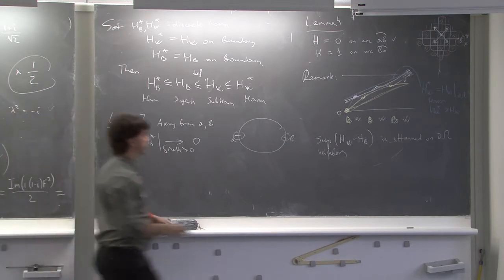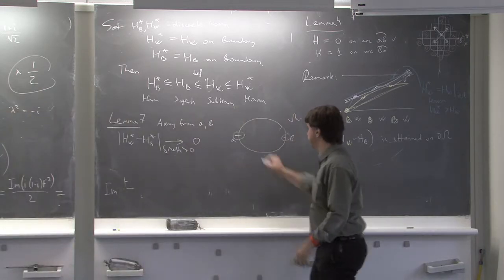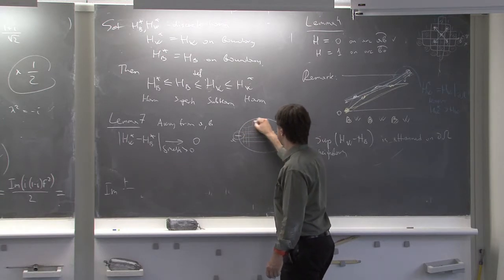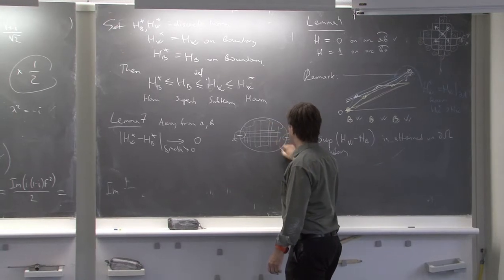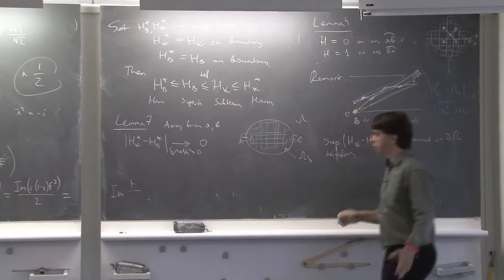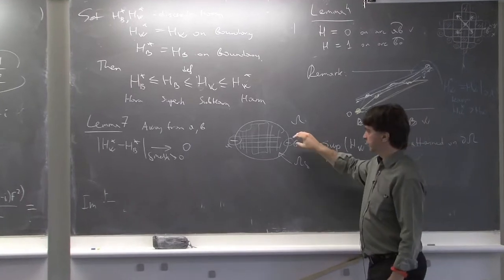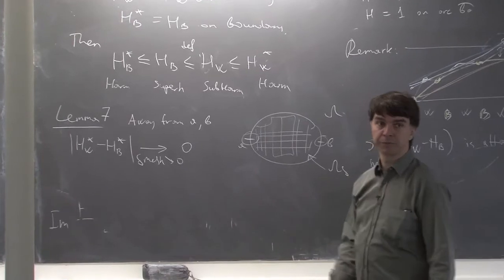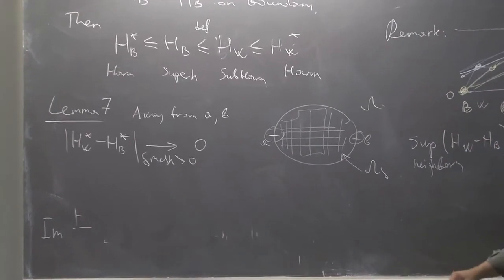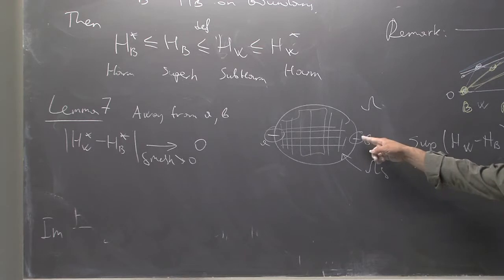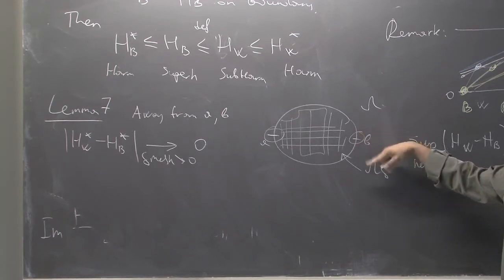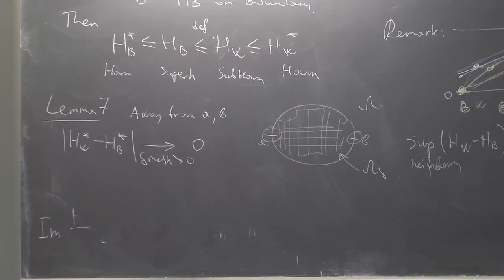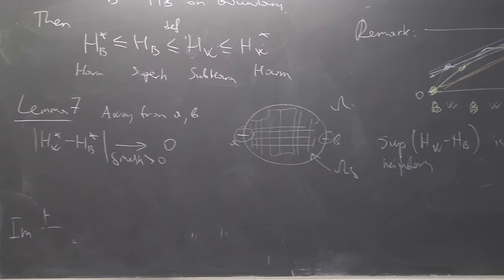So basically, if we take some domain omega and we approximate it by lattice domains omega delta, and we take smaller and smaller mesh, then outside these two points, the difference of our functions goes to 0. Well, it can't go to 0 everywhere because near B our function jumps by 1, so it's hard in the neighborhood. But if we cut neighborhoods away, then it goes to 0.